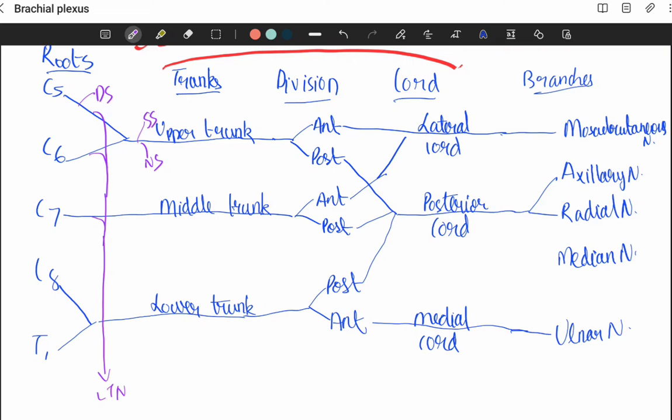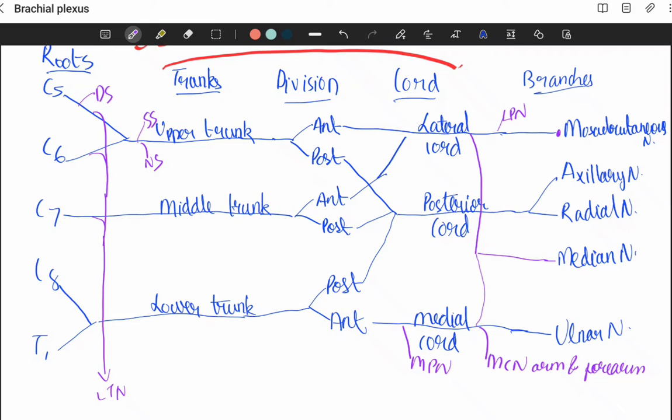And from the cords, what all branches do we have? From the lateral cord, we have the lateral root of median nerve, lateral pectoral nerve and the musculocutaneous nerve branch. From the medial cord, we have medial root of median nerve, medial cutaneous nerve of arm and forearm, and also medial pectoral nerve.